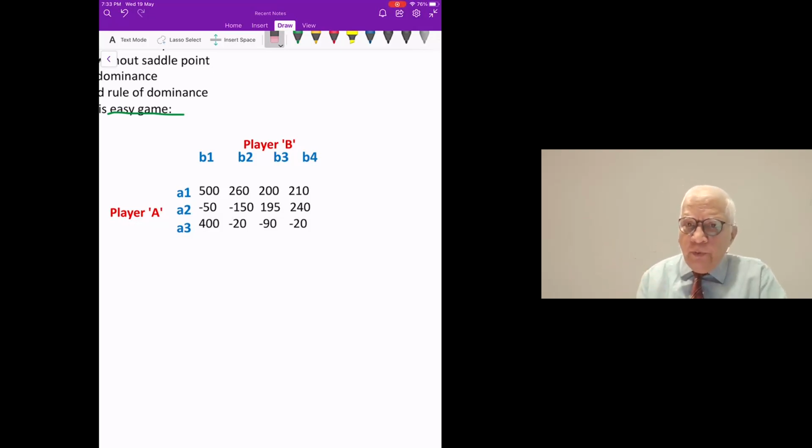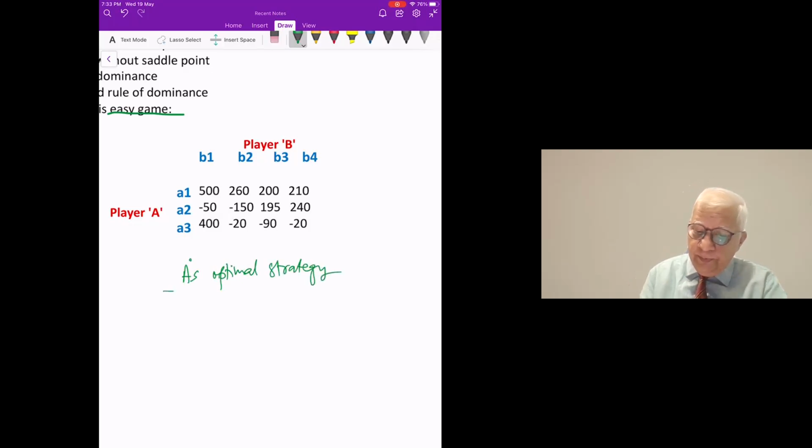Now let's go to A's optimal strategy. How do we find A's optimal strategy? A goes by the principle of maximin. What is maximin?